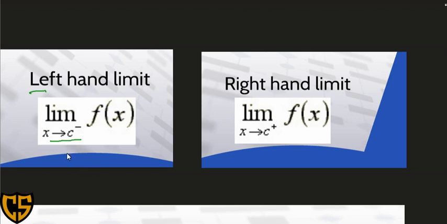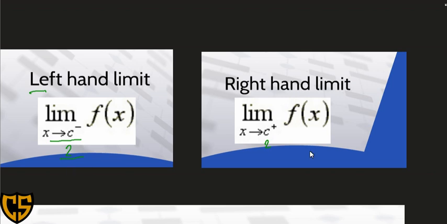For example, our limit here is 2, so we have 2 from the right and 2 from the left. For the left-hand limit, we have to substitute values which are less than 2.